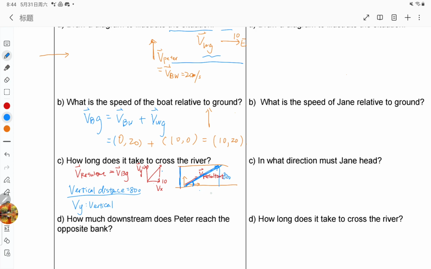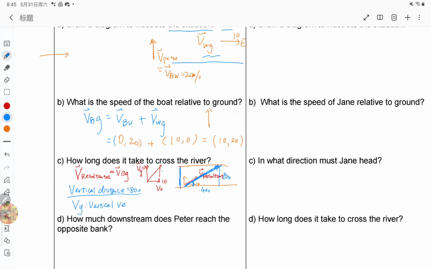So this is 400 here, and then we can calculate this distance, the blue distance, and then divide it by the resultant velocity here, right? The resultant velocity is just the boat relative to the ground. Or you can use the vertical distance, 800 meters, and the vertical speed, the vertical velocity.